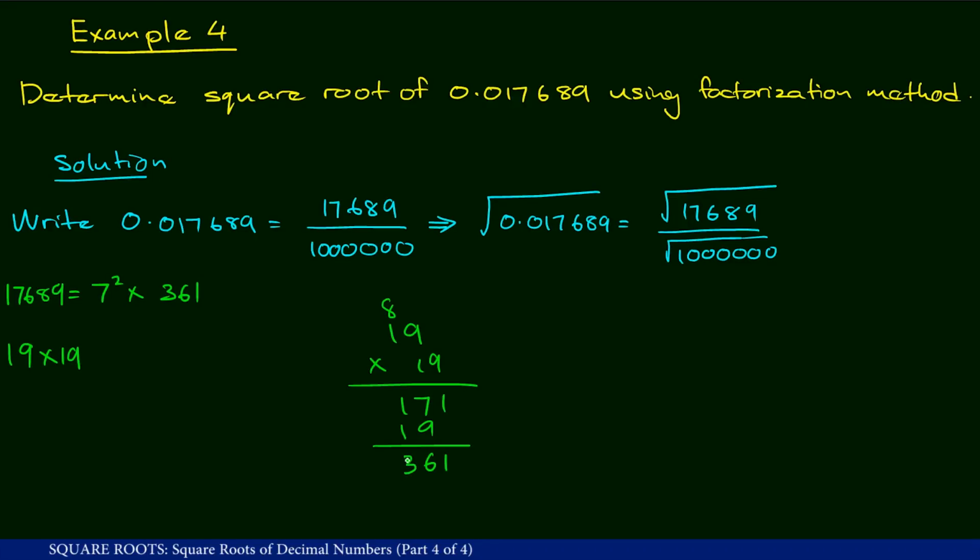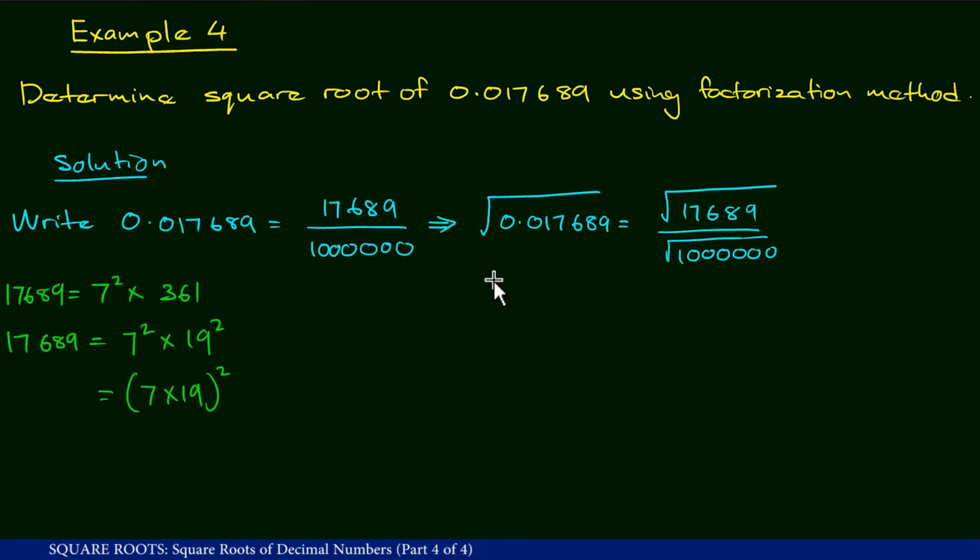We've got our answer. 17,689 is 7 squared times 19 squared, which means it is (7 times 19) squared. What is 7 times 19? That is 133. So the result is 133 squared.